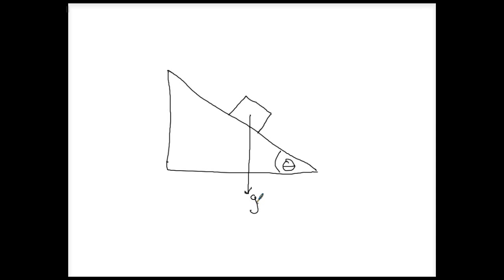I'm taking my coordinate system and setting the x-axis equal to the angle of the ramp. So when I do that, I guess I could draw it out. Yep, we get something that looks kind of like this. There's my x.